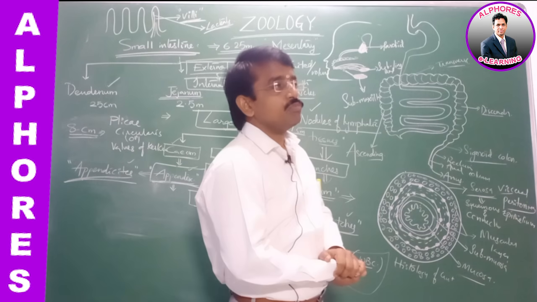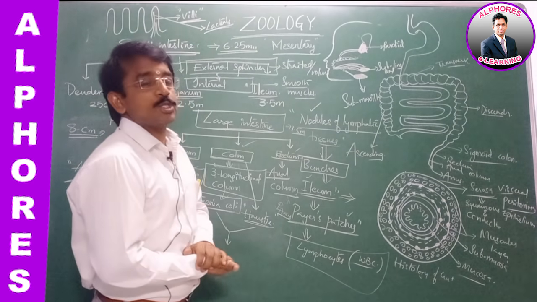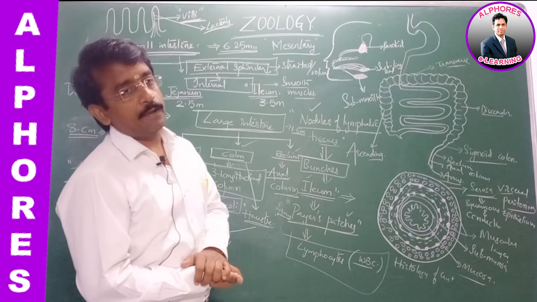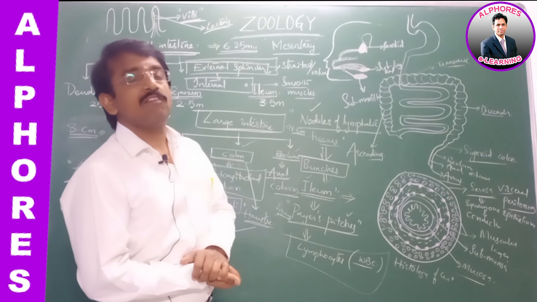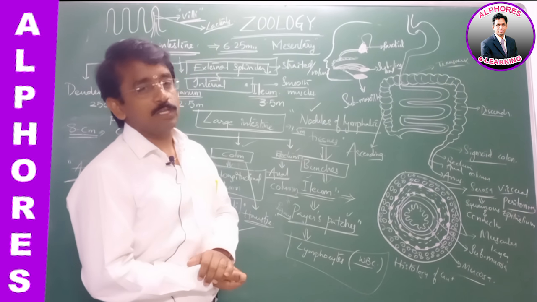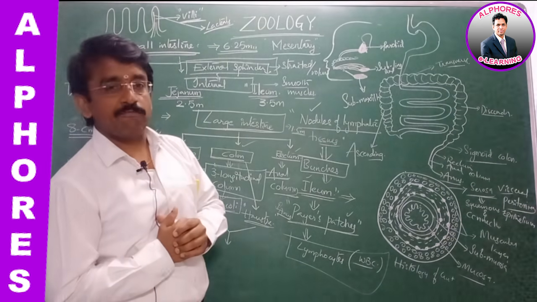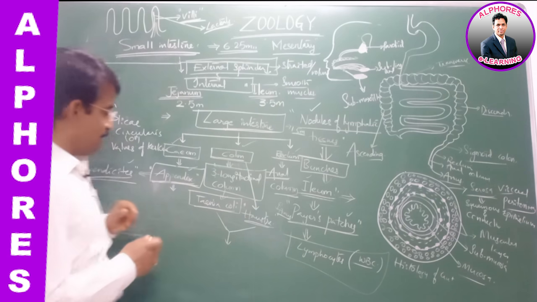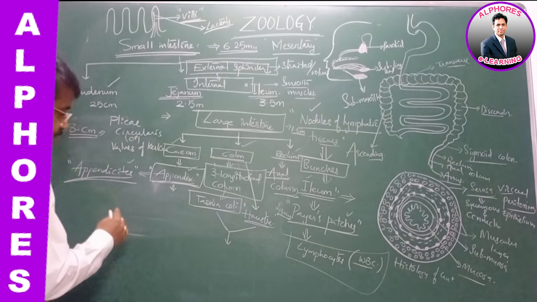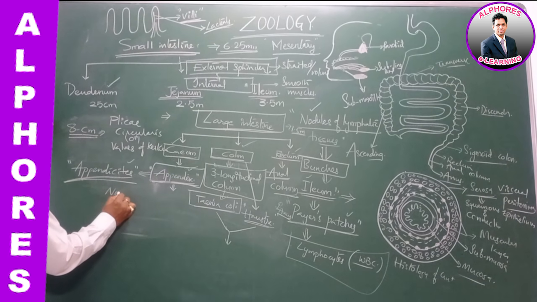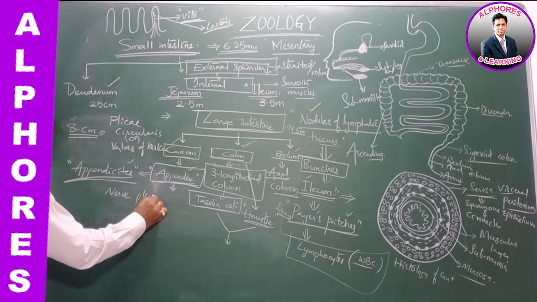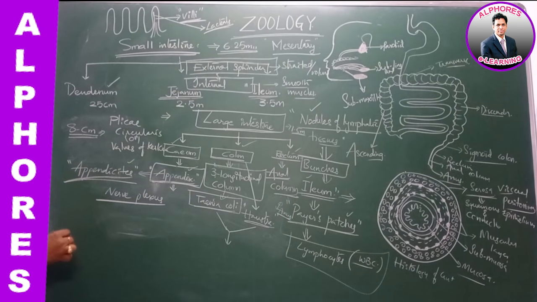Next, the digestion process is influenced even by the nervous system, neurons, nerve plexus. If we go to the details of nerve plexus, there are two types of nerve plexus, networks of nerves. Nerve plexuses also play a vital role in digestion.